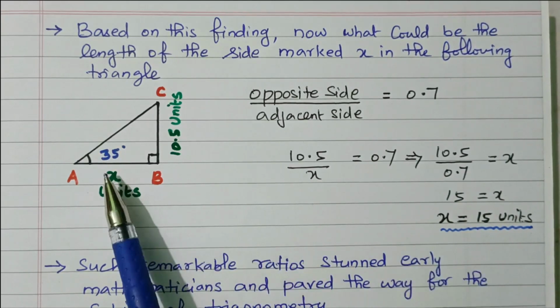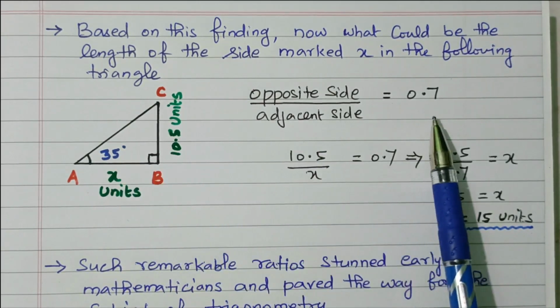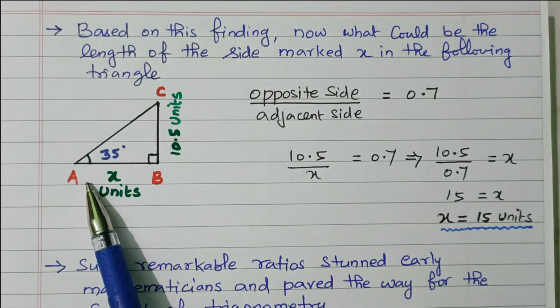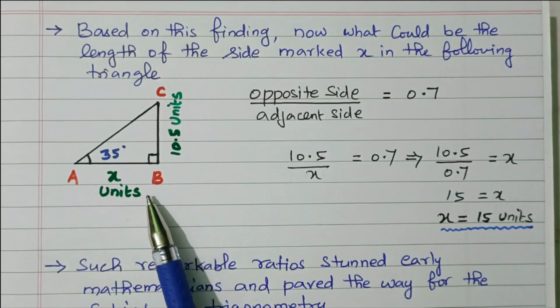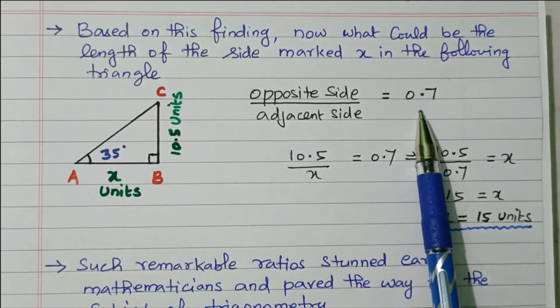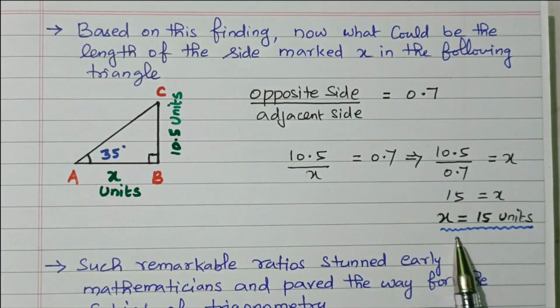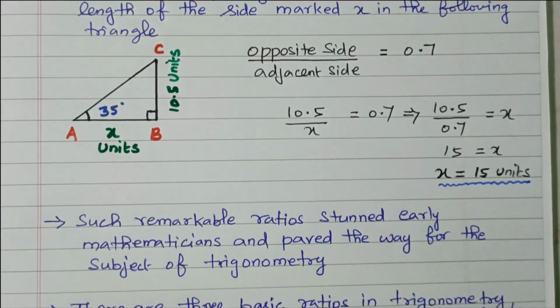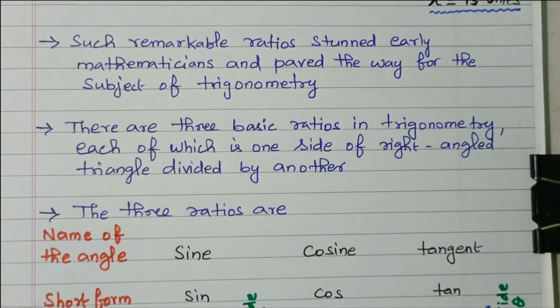So from the angle we observe that the ratio is equal, and from the ratio we got the length of the adjacent side. So it is useful to find the length of the triangle's sides by having the ratio. We observed the ratio, and from that we calculated the length. This is very useful to find the length from the angle, and the angle from the length.